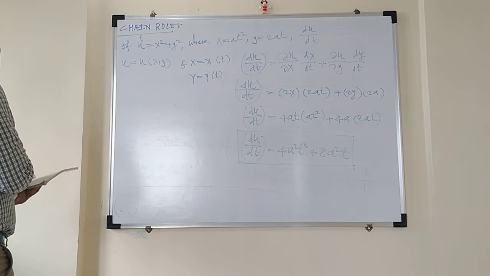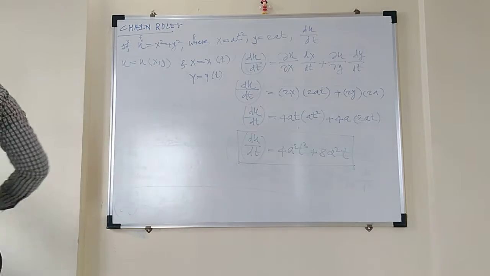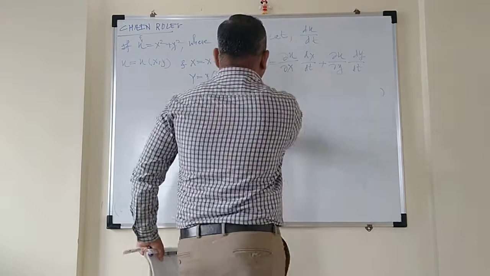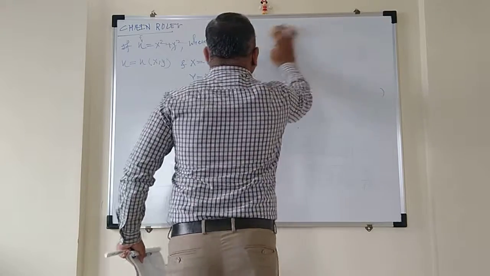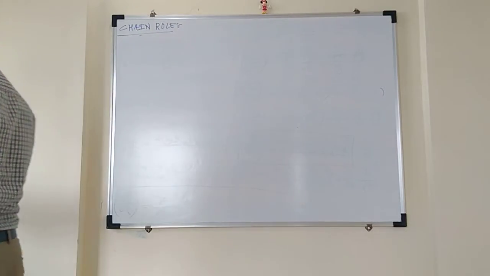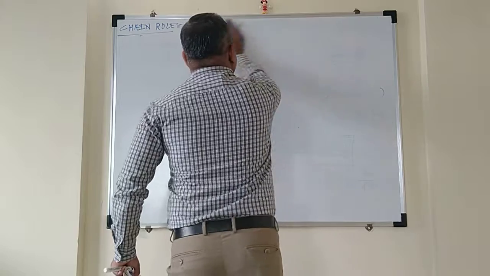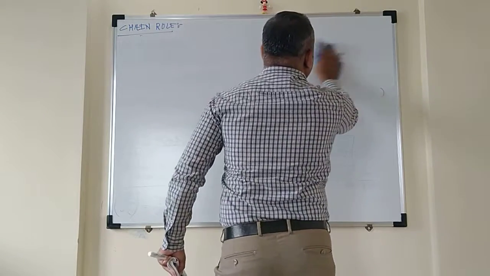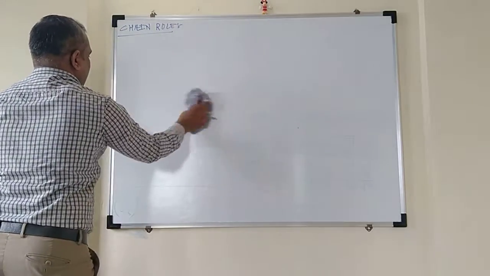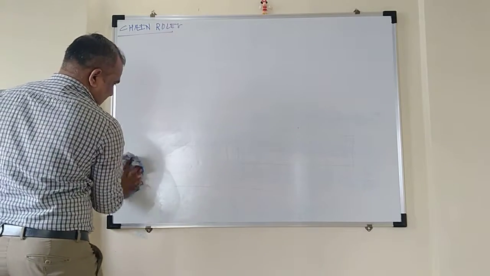And the unsolved problem based on the chain rule is that if f is a function of two independent variables x and y. Now this is unsolved problem number 19.